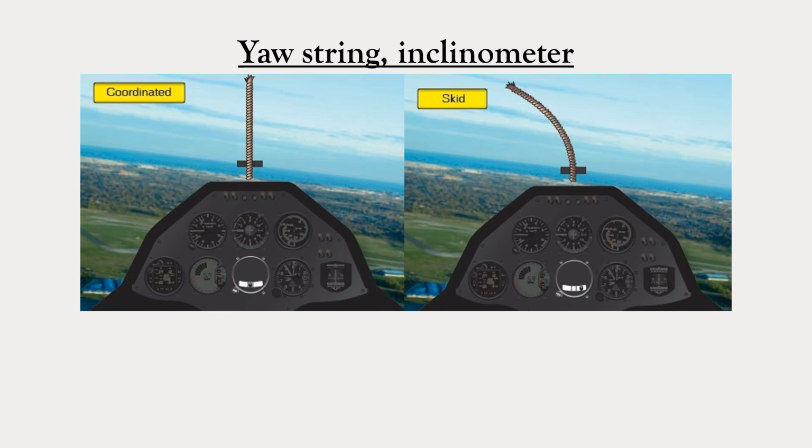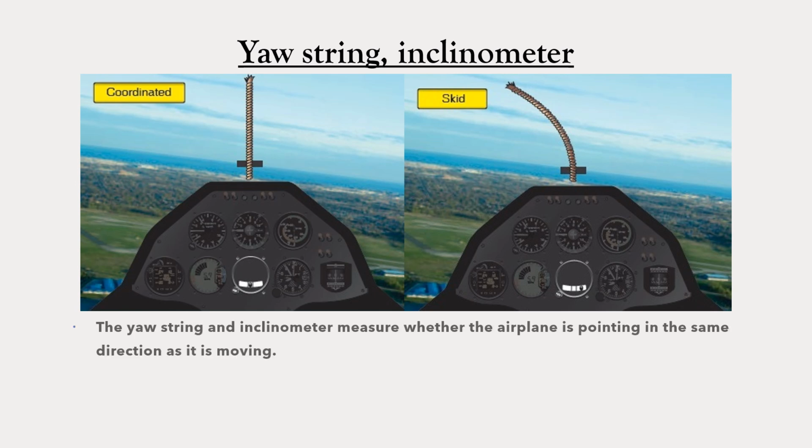So the yaw string and the inclinometer are how we know whether we've got the airplane pointed in the same direction that it's moving. That's called coordinated flight. We want to fly coordinated most of the time. The yaw string is just a piece of string, literally, that is taped at the front edge to the canopy, and the air blows it in whatever direction the air is moving.